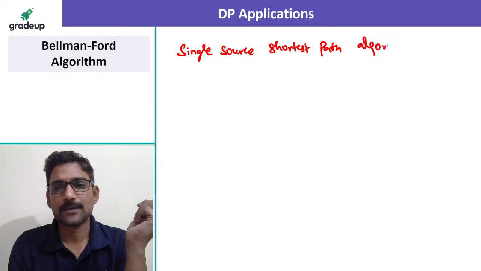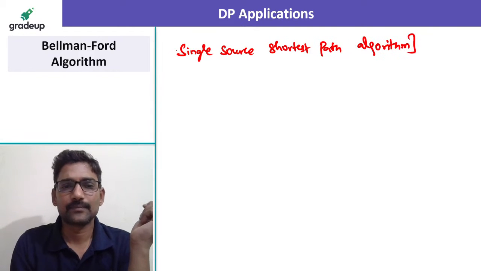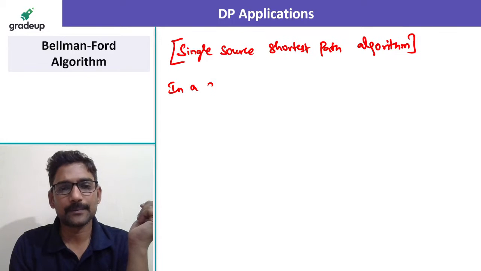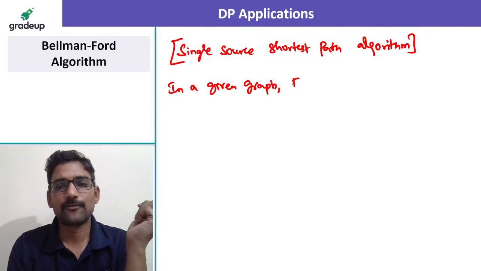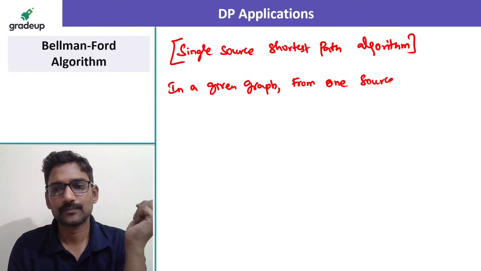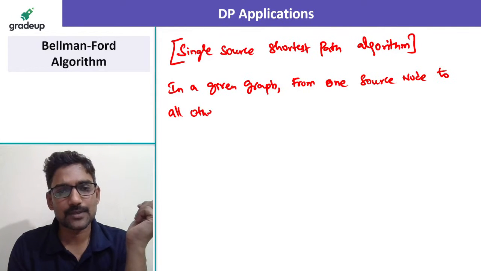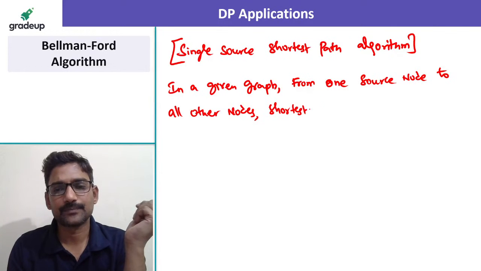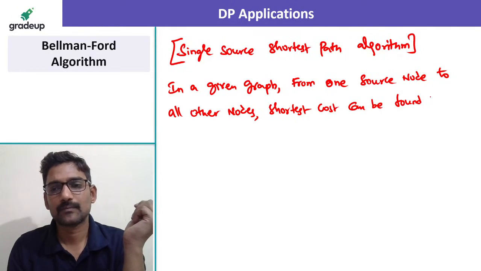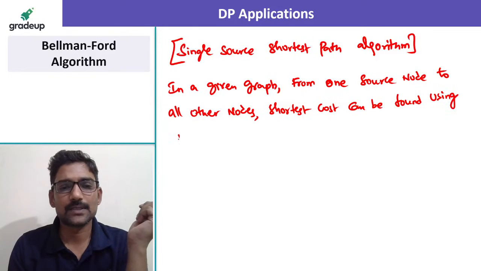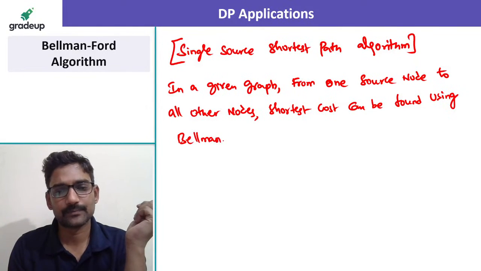This is also known as, what does this mean? In a given graph, from one source node to all other nodes, the shortest cost can be found using this Bellman-Ford algorithm.